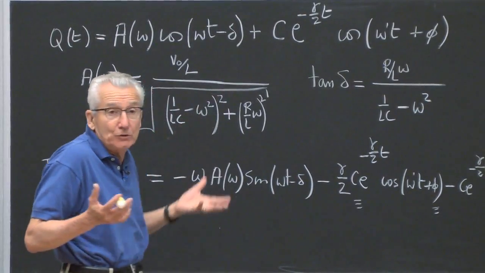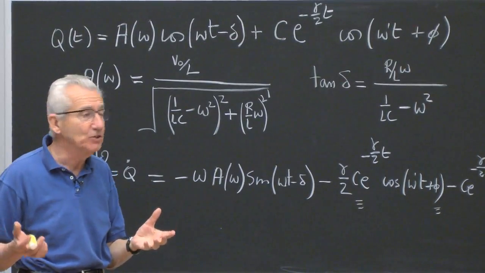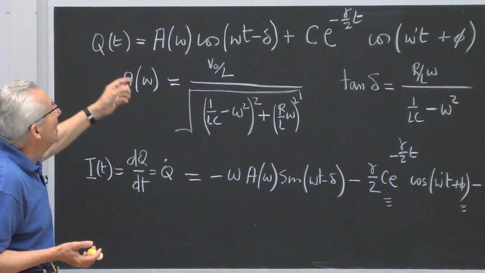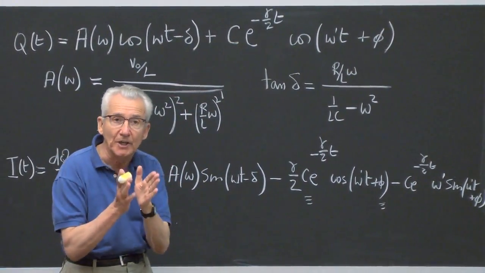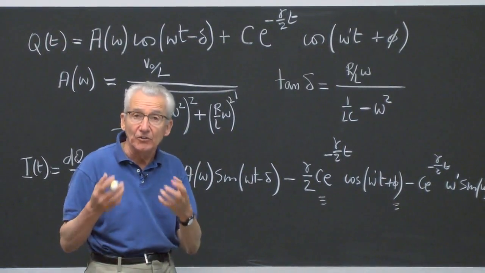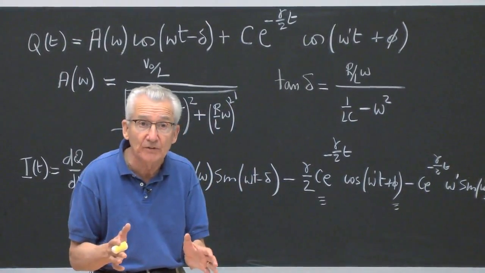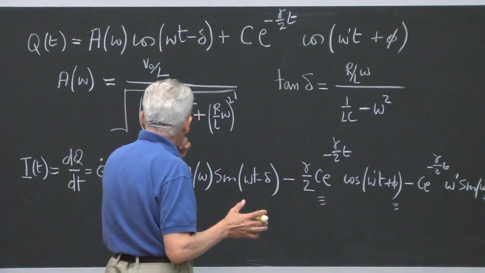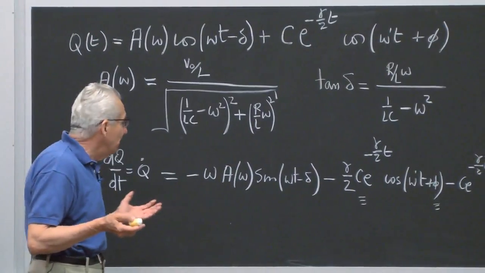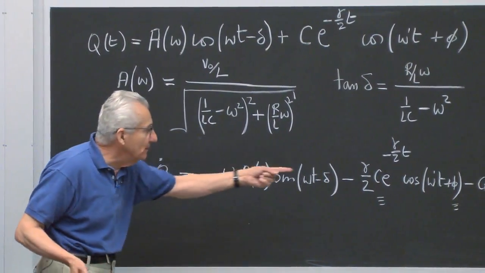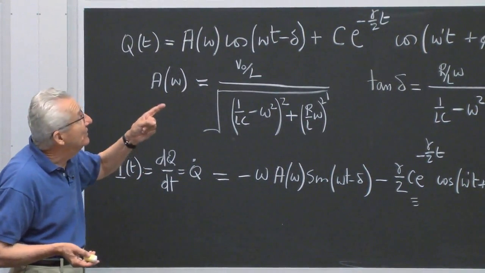And in a physical situation of this kind, you will always have two bits of information. For example, in this case, I told you that we will assume that at t equals 0, the charge on the capacitance is 0, and the current in the circuit is 0. I could have told you something else at the beginning, and the answer would be different. And the thing that would be different would be those constants. So how do we do it? Simply by taking this equation and writing it at time t equals 0.